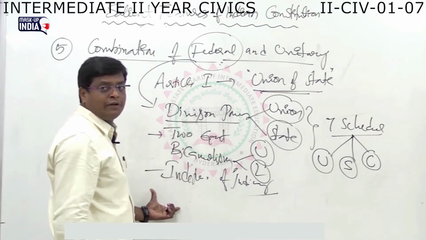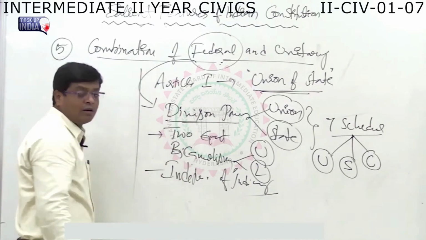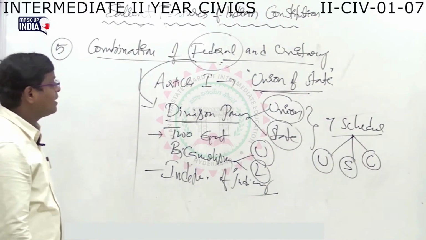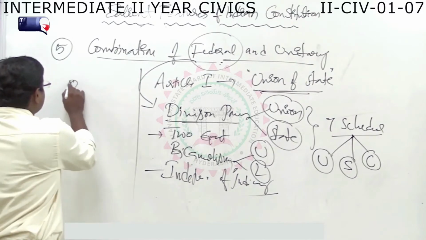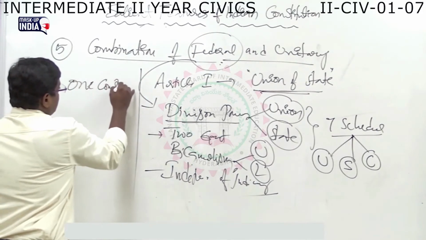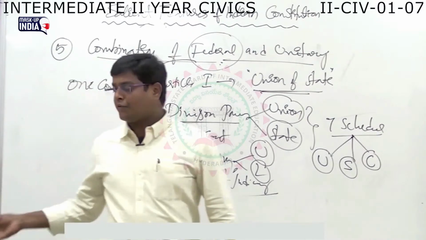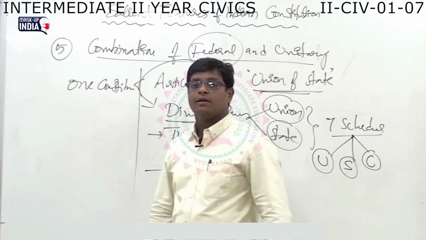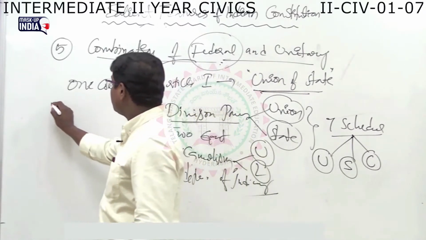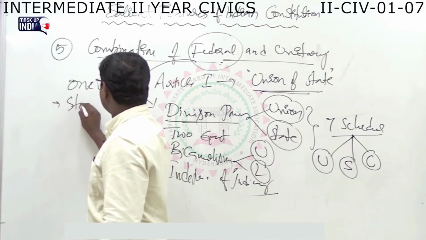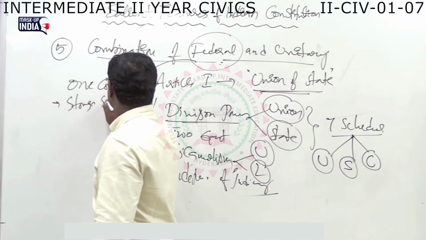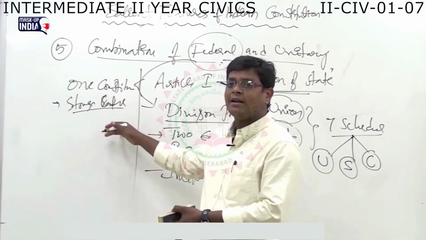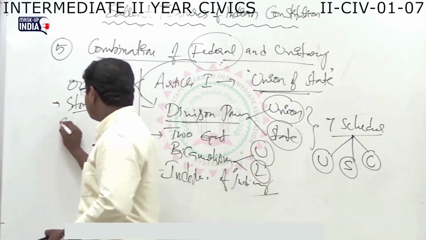Besides the federal features, the Indian Constitution also has some unitary features. What are the unitary features? You know that there is one Constitution. Is there any constitution for the states? No, there is only one constitution for both the states and the union government. And a strong center: the central government enjoys more powers than state government, and also single citizenship.